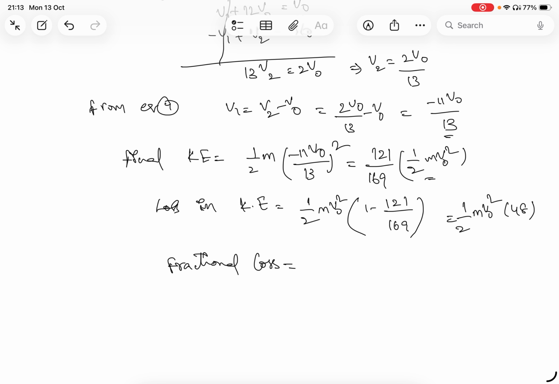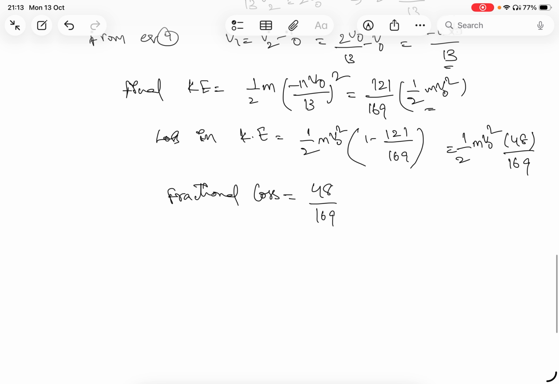Then this will be 48 by 169, which is the answer PC, with value 0.28. So this is the solution. PC is 0.28 and PD is 0.89.